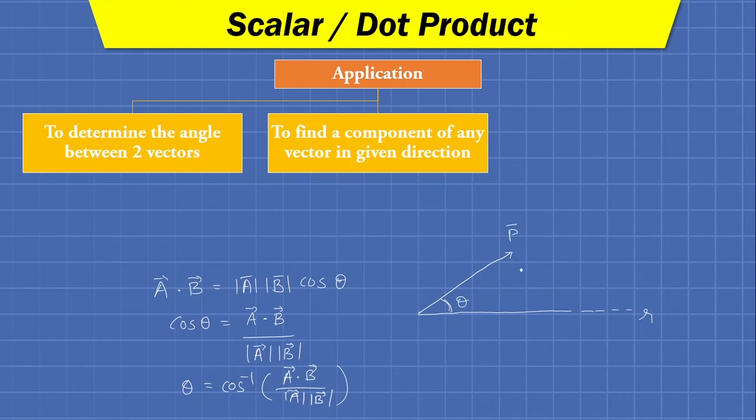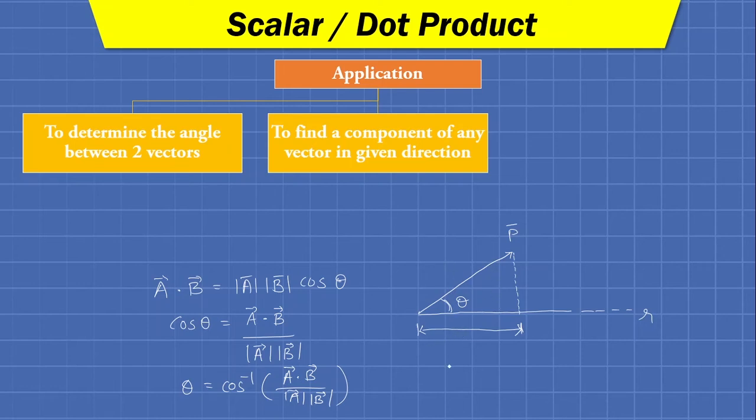Fine. If I want to find the component of p in the direction of r, that is nothing but the length of this line on the reference direction. Fine. The value of this component is called the projection of p on r.